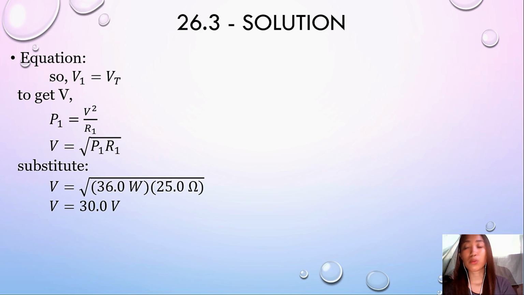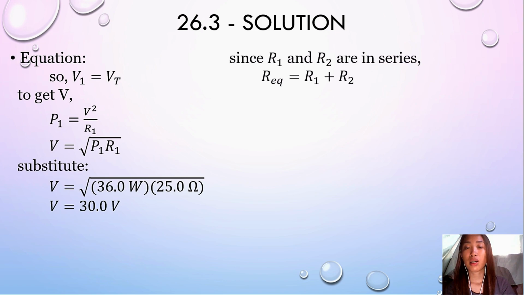After connecting R2, the voltage drop in the battery is due to the equivalent resistance of R1 and R2, which are in series, and its combination is given in the form: the equivalent resistance is equal to R1 plus R2. And the total power is equal to V squared over the equivalent resistance.